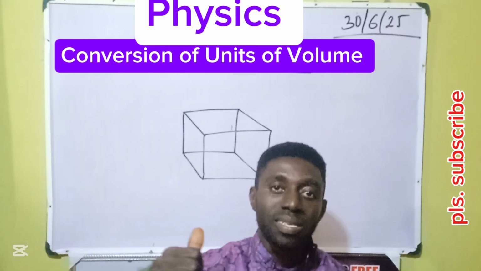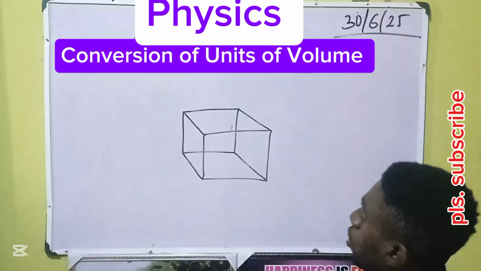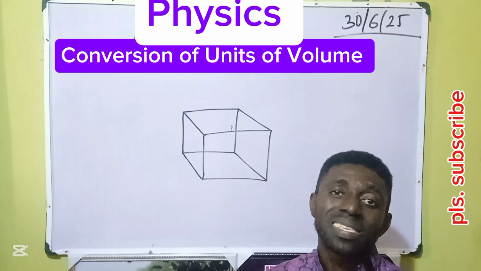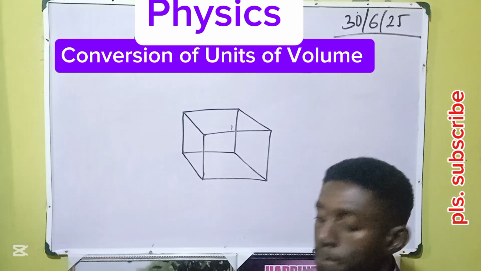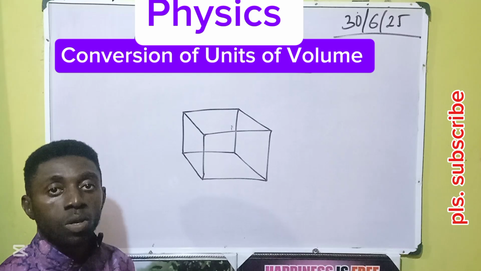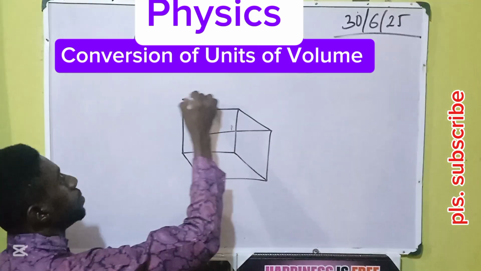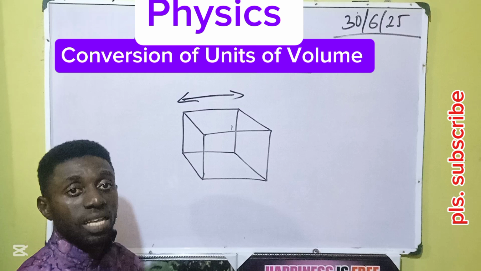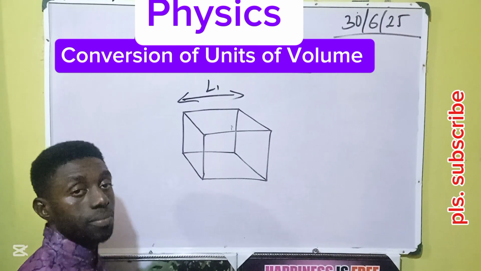Okay, we can see a good example on the board. This is like a box or a cube. Okay, let's see the 3 extensions of this matter. The first extension goes this way. That's extension 1. We can label it L1.